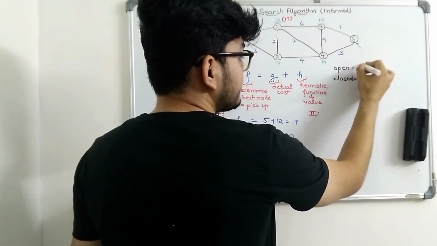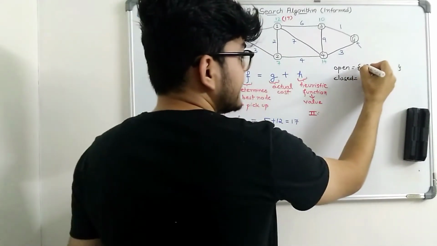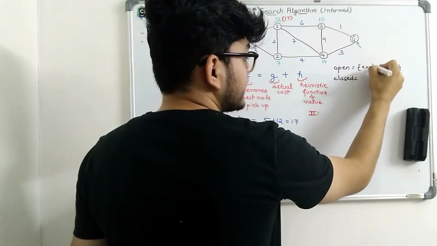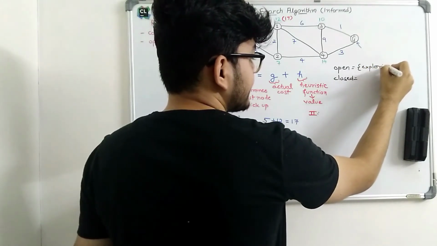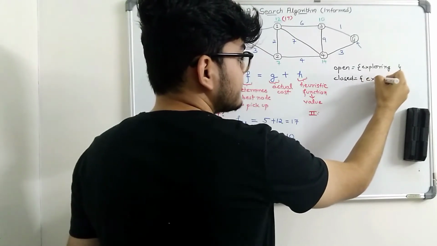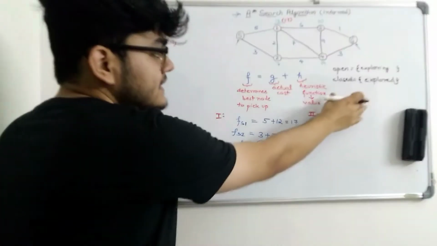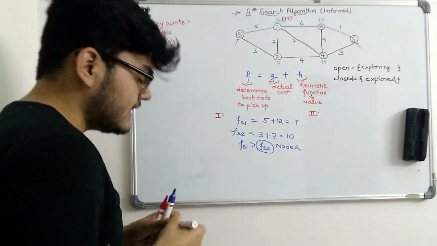In the open one, I will have all the nodes which we are currently exploring, so I'm just going to write here exploring nodes, and in the closed ones we are going to write the nodes which have been already explored. So programmatically we can do it something like this.